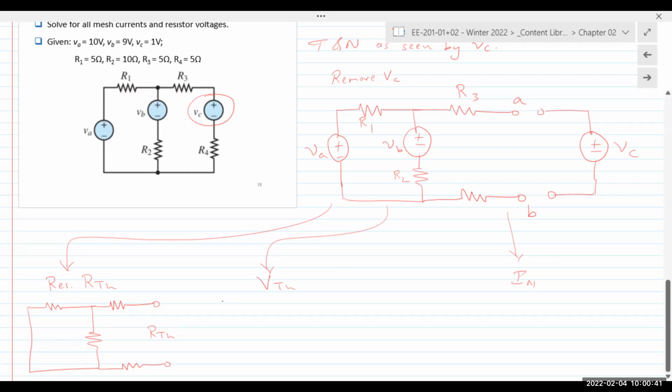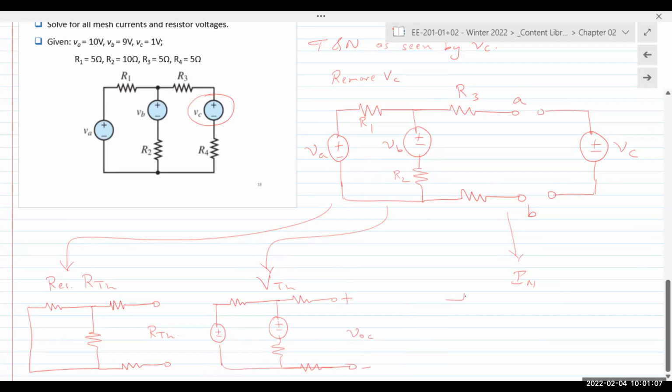Thevenin voltage is the same circuit, no change. So plus minus. Right? No change in the circuit. You can analyze this using any technique you want.